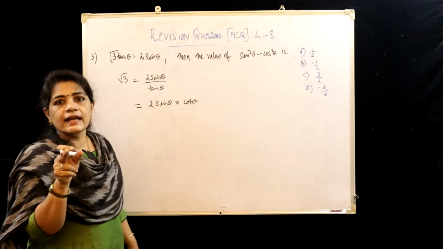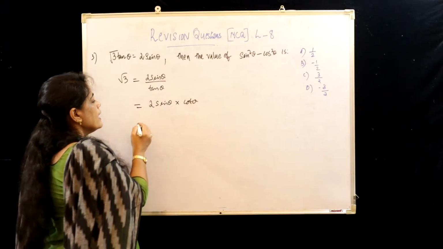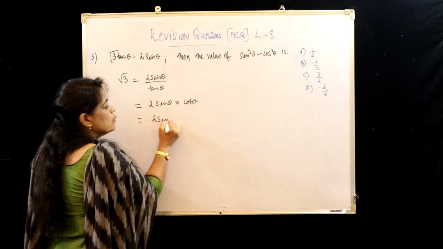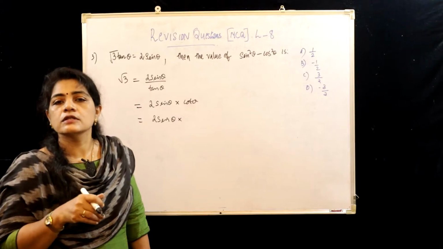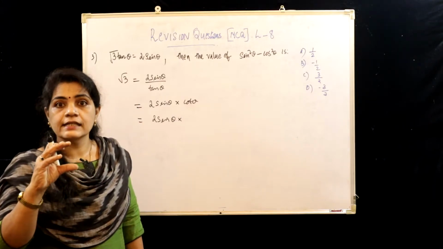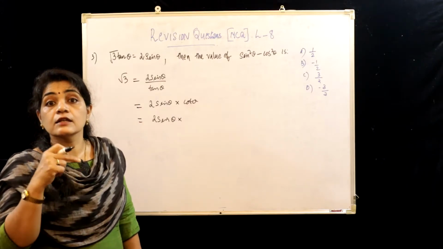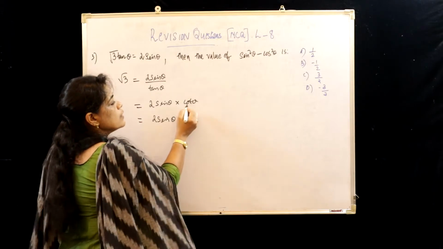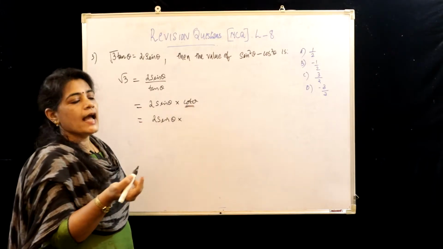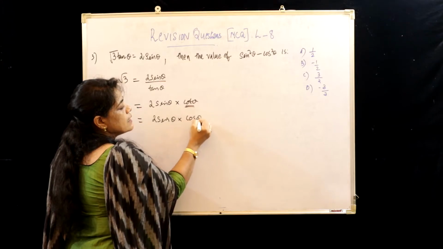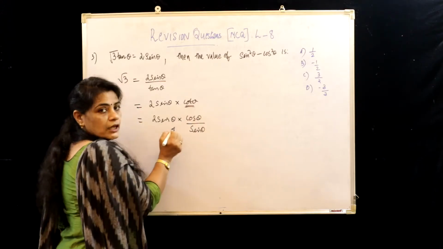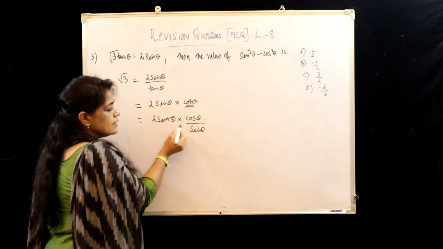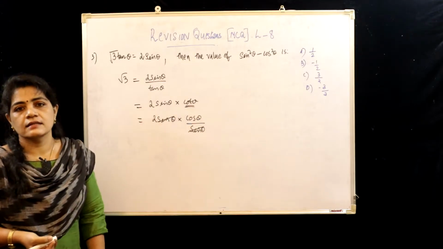By the quotient relation we know cot theta can be expressed in the form of sin and cos, that is cos theta by sin theta is cot theta. So I am going to substitute cot theta as cos theta by sin theta. See, they are connected by multiplication, that means this sin theta and sin theta get cancelled.